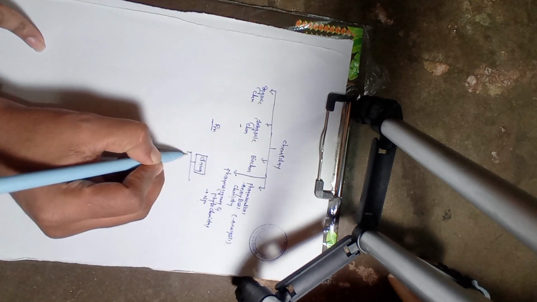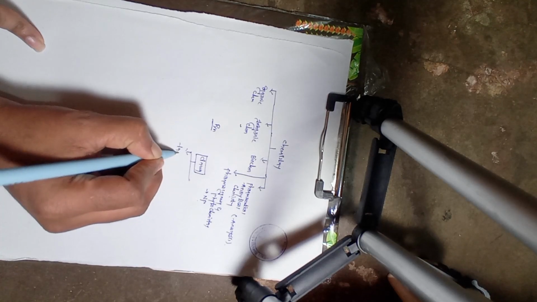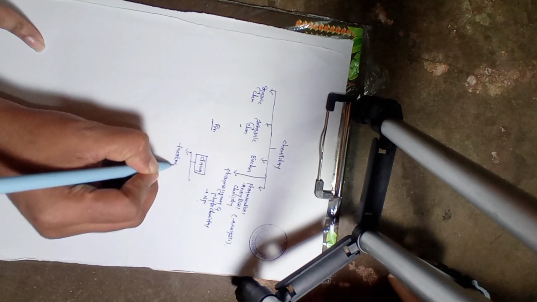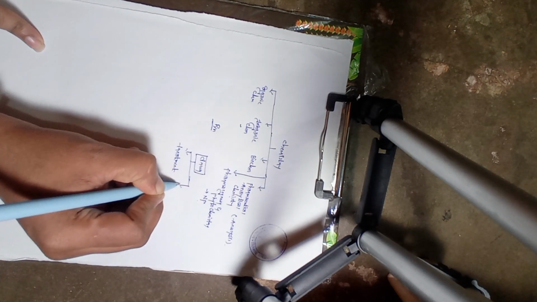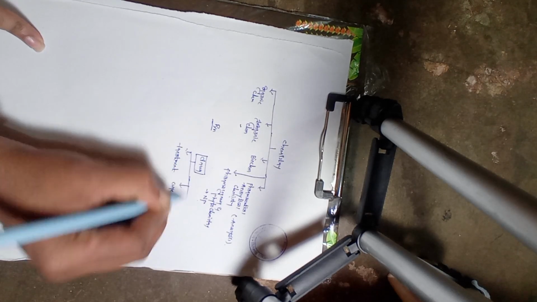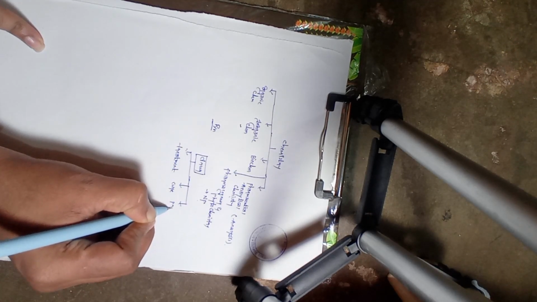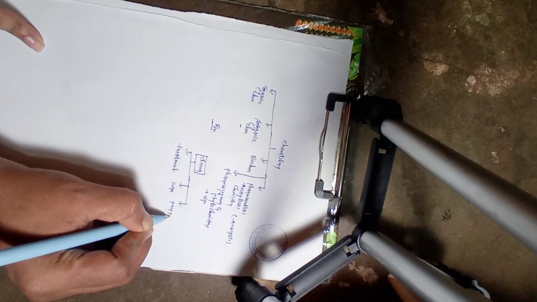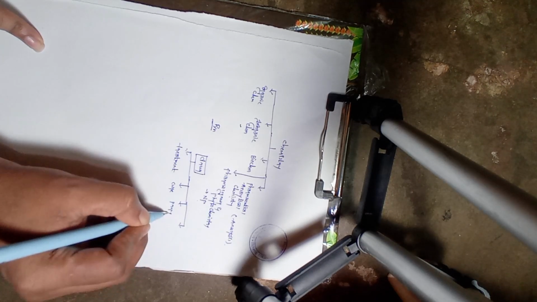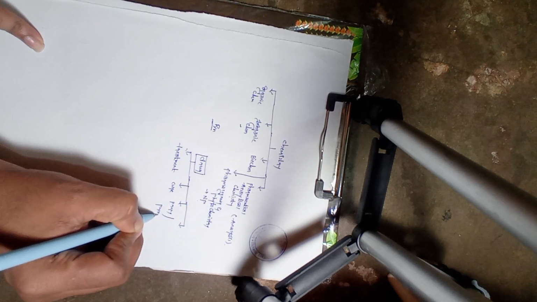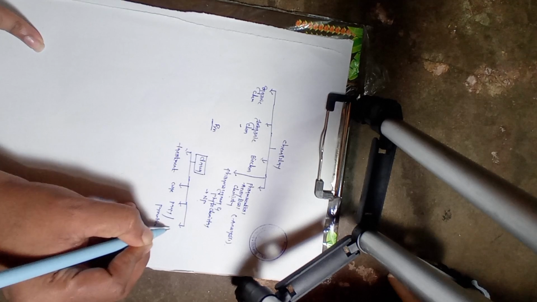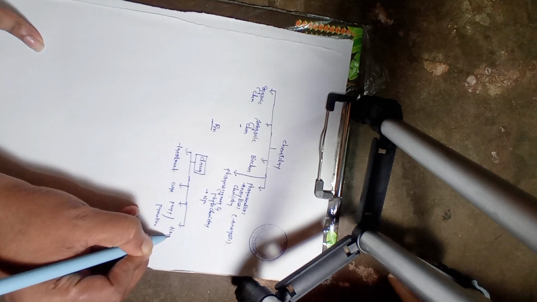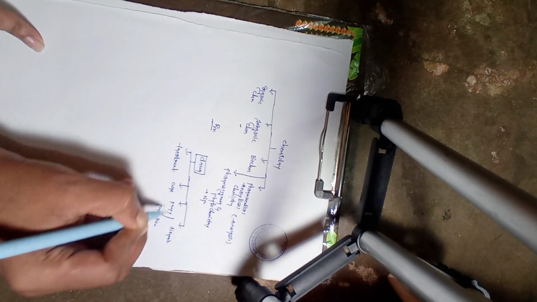So what is meant by a drug? A drug is used for the treatment, for the cure, for prophylaxis or prevention, and also for diagnosis of disease or disorder in our body.